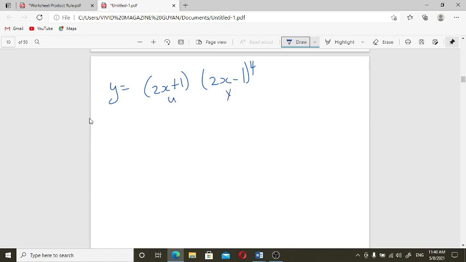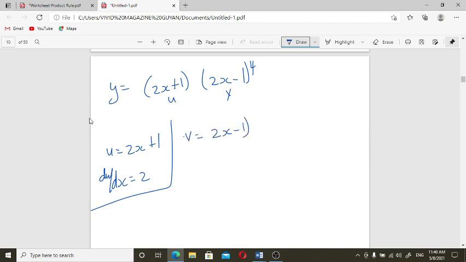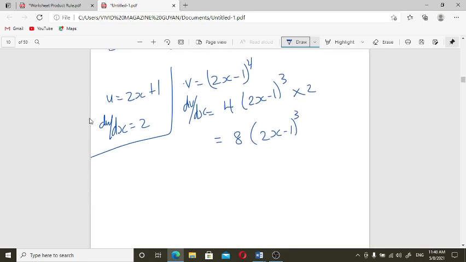Again, this is very simple to work out. u is equal to 2x plus 1, du upon dx is equal to 2. v is equal to 2x minus 1 raised to the 4th. dv upon dx is equal to 4 of 2x minus 1 raised to the 3rd times 2, which is going to be 8 of 2x minus 1 raised to the 3rd power.